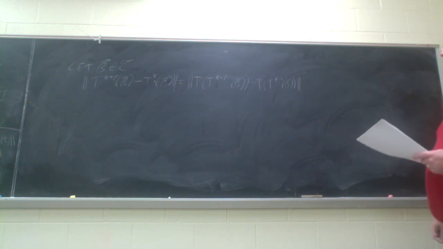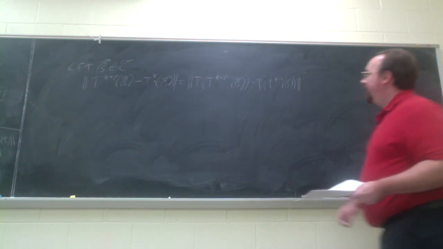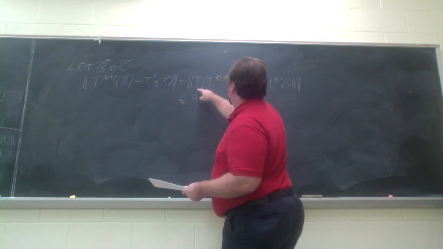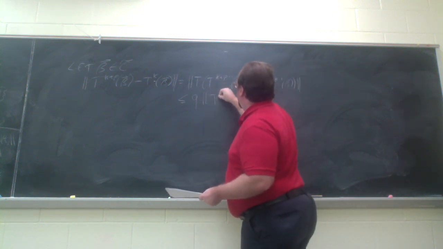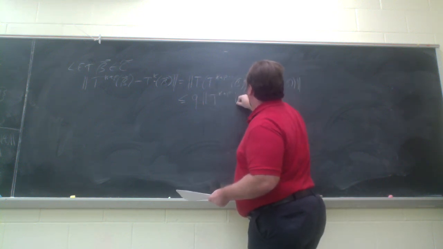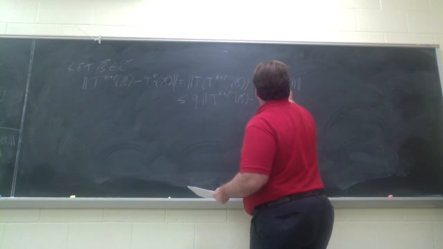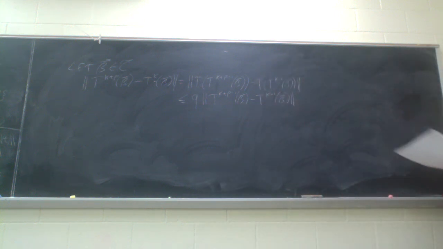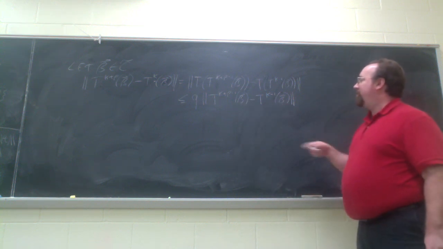And because of the result that I had just a second ago about T being a contraction, that is less than or equal to q times the difference of these arguments to T, T^(k+p-1) minus T^(k-1) of beta. Okay. So now what I can do is I can continue factoring out powers of T.